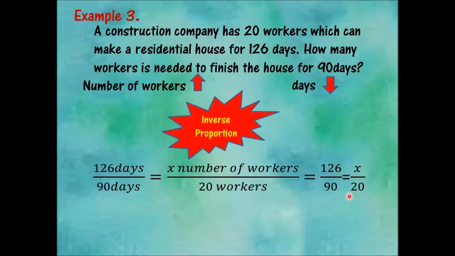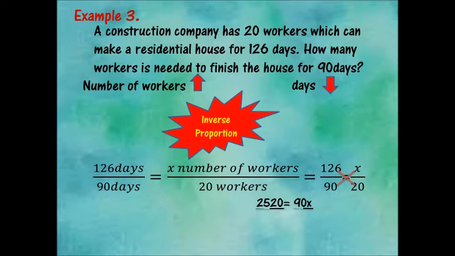Inverse proportion na kasi tayo, kaya magkasalungat na sila. Okay? So, anong gagawin natin para malaman natin yon? We're going to cross-multiply again. So, nangyayari ay 126 times 20, that is 2,520, is equal to 90 times x, that is 90x.